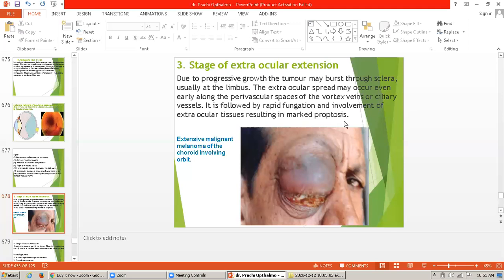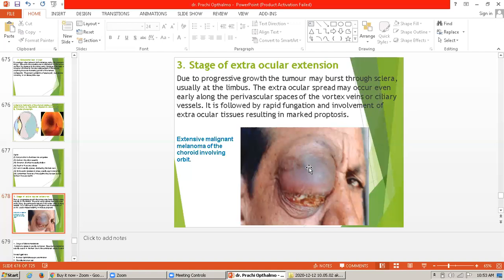So, the third, that is the stage of extraocular extension, is due to the progressive growth of the tumor. As the tumor size increases, it bursts through the sclera, usually at the limbus, and the extraocular spread occurs along the perivascular spaces of the vortex vein or the ciliary vessel, followed by a rapid fungation and involvement of extraocular tissue, resulting in proptosis.